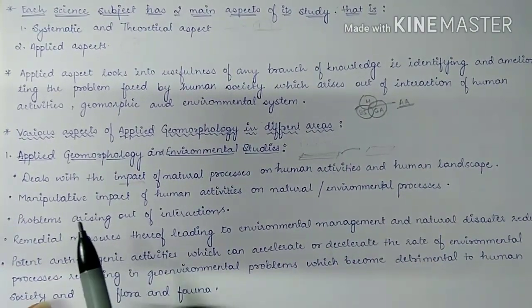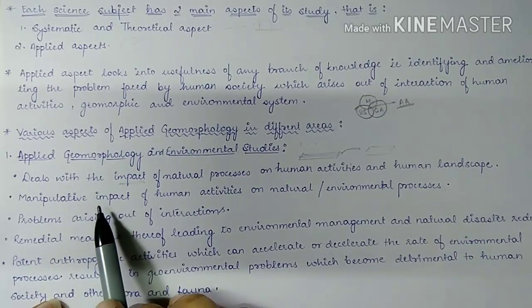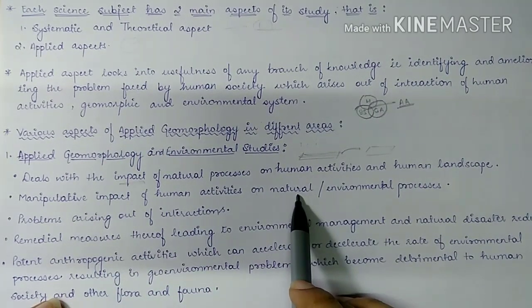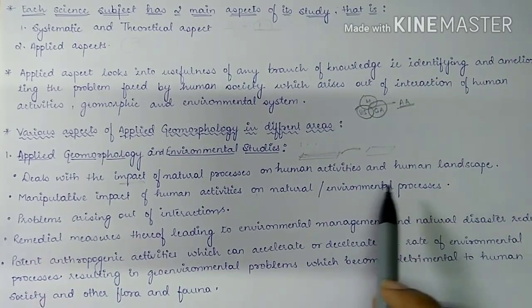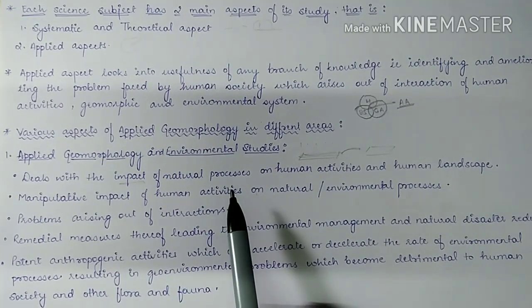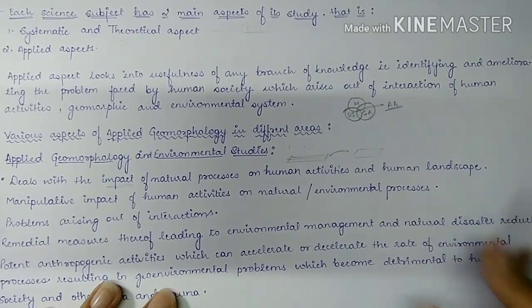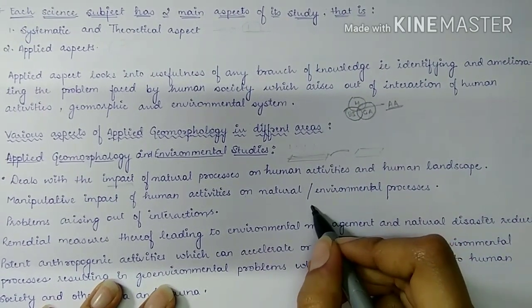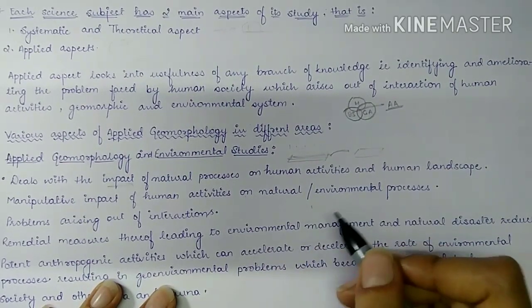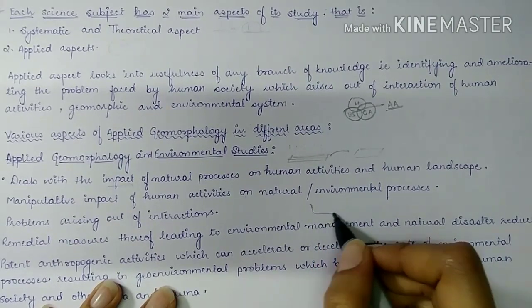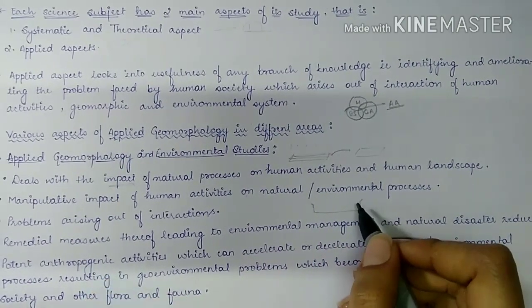Next is the manipulative impact of human activities on natural environmental processes. All the environmental processes are also impacted by human activities, such as when we do more mining in an area, or excessive cultivation.